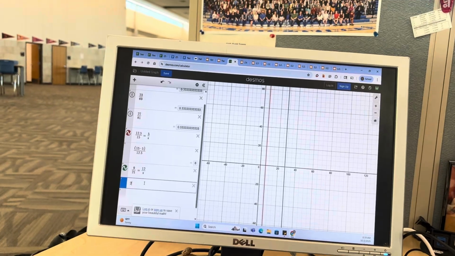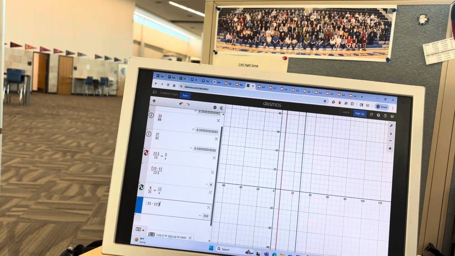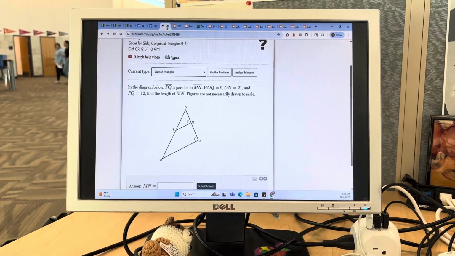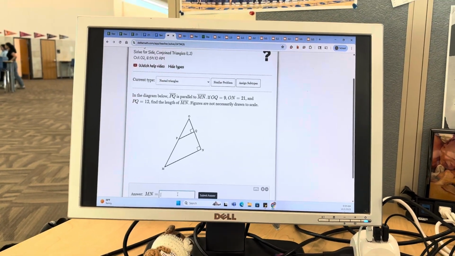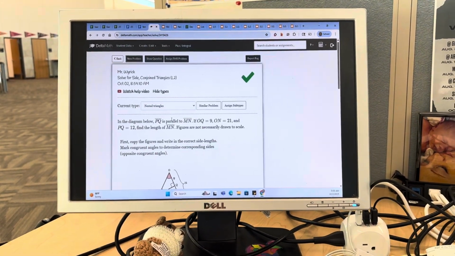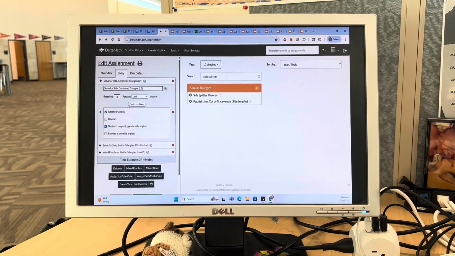I'm going to say 21 times 12, put that in parentheses, divided by 9. I'm going to get 28 for X. So my X value here is 28. Just need to make sure I'm dealing with the proportionate sides, setting it up correctly.